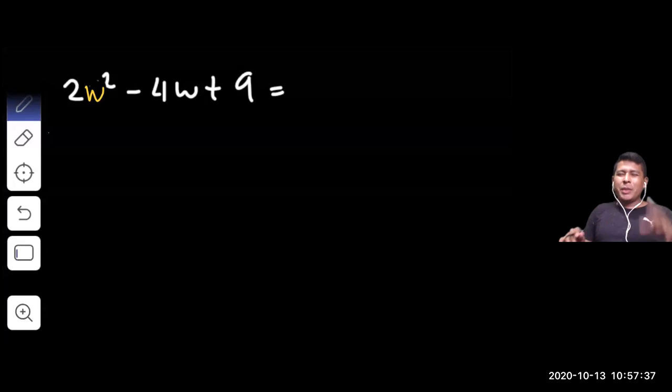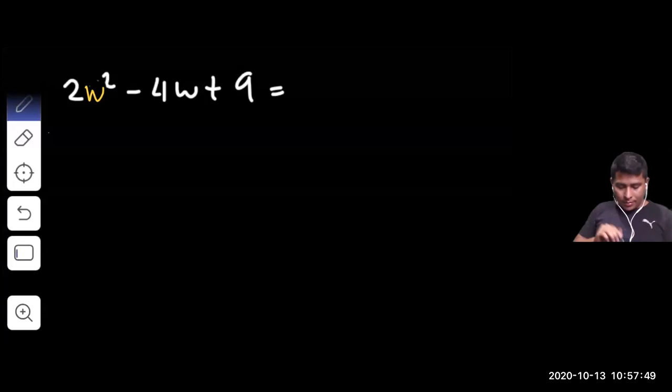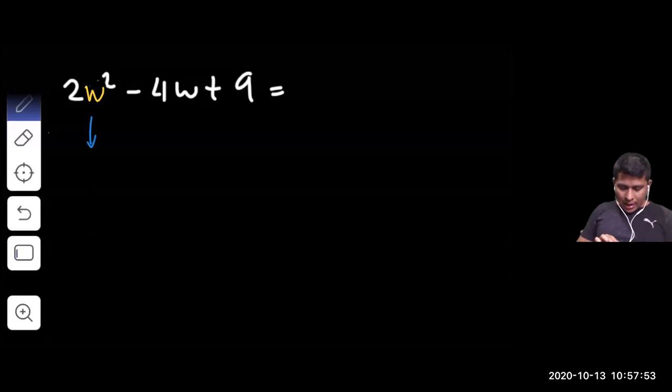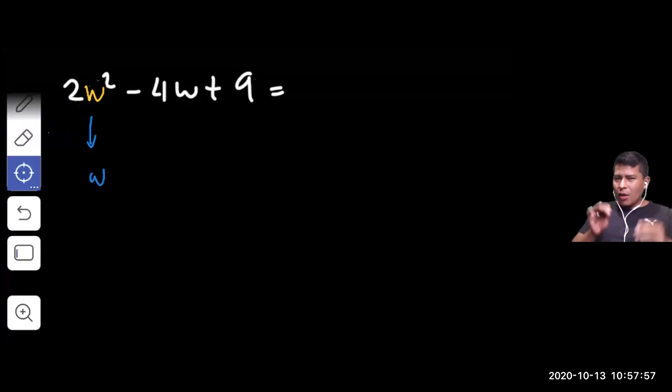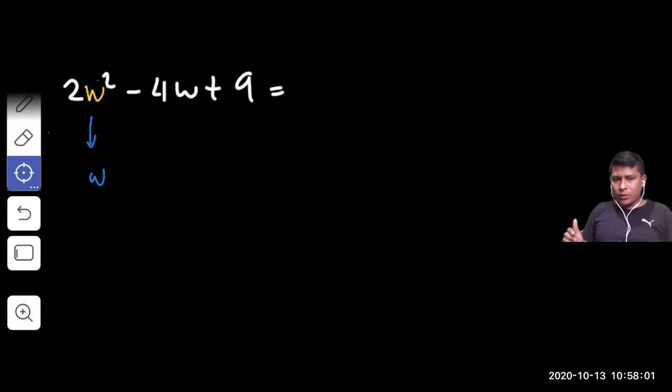We have a special case. This was supposed to be the last one, but I just skipped this. We have this 2w squared minus 4w plus 9. I need to identify if this is a perfect square or not. Let's check it. The first, w squared, can be factored as w and w. 2, guys, how can I factor 2 using the same 2 factors? 1 times 1 is 1. 2 times 2 is 4.